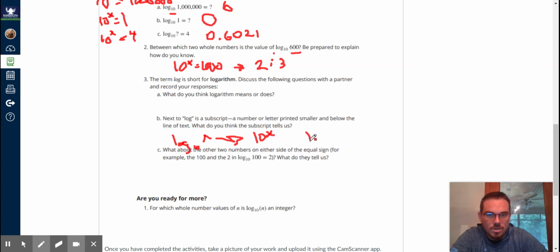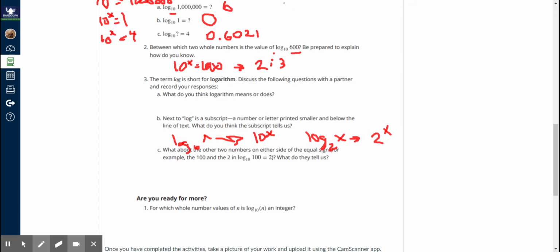If it was log and the subscript was a 2 and we had an x, that would be like saying 2 to the x. So the subscript tells us the base of the exponential expression for which the exponent is unknown.